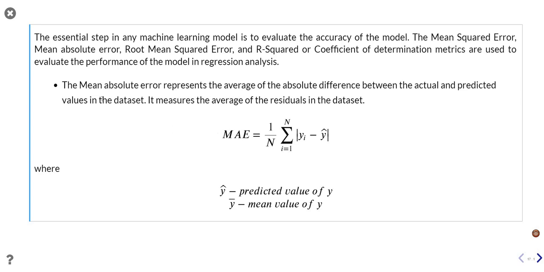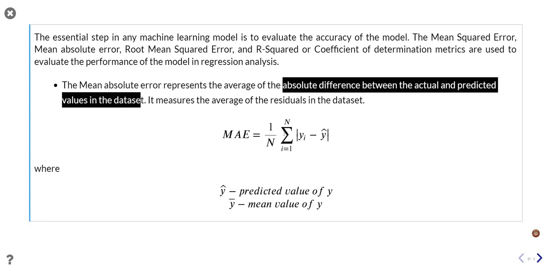Let us look at the first one, the mean absolute error. From the name itself, we can make it out. This is the absolute error. In the equation, 1 over n is the number of samples, so this is taking the average of the absolute difference between the actual and predicted values.